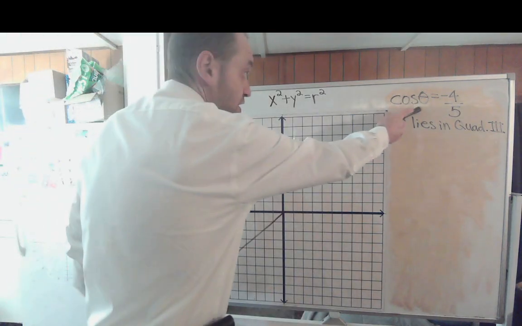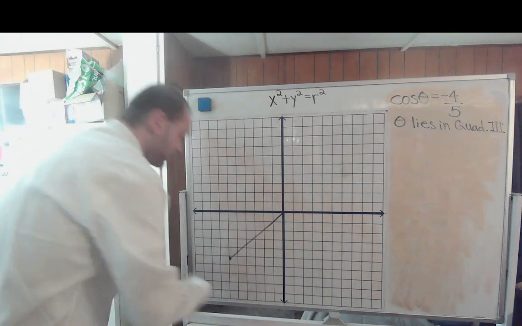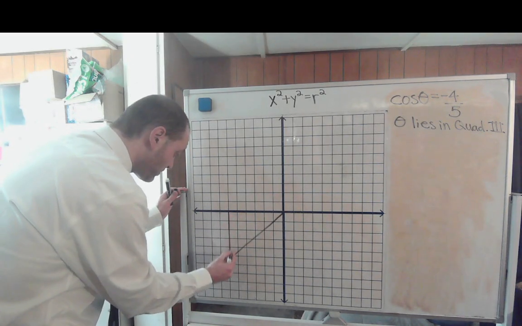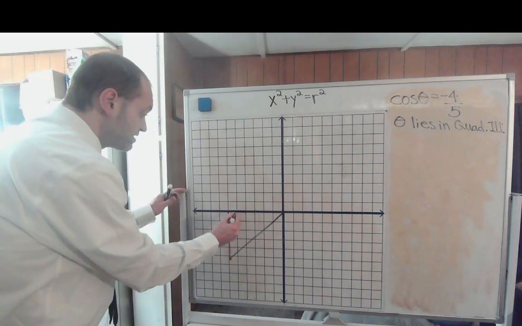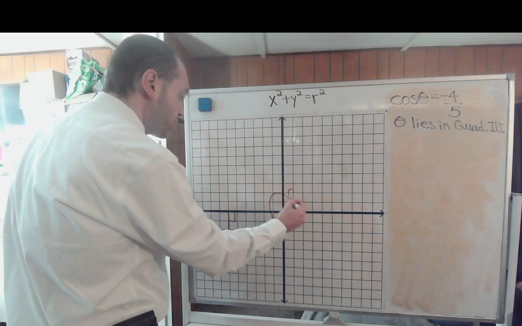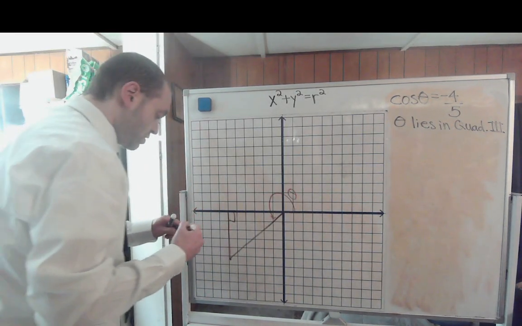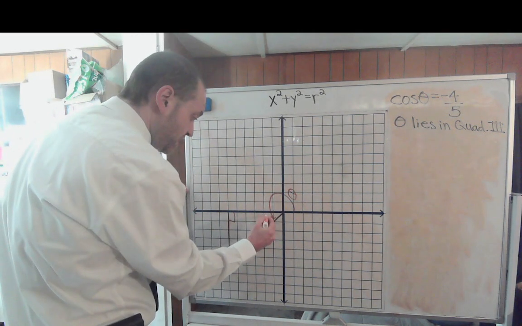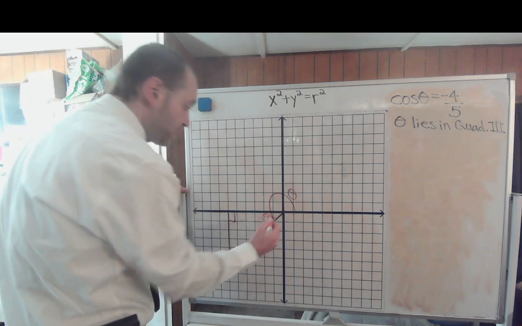Since you've been given the cosine, go ahead and set up your right triangle to begin with. It's going to be for this angle theta here in the third quadrant, which means we'll be basing all this on a reference angle of theta prime, just to make life easier.